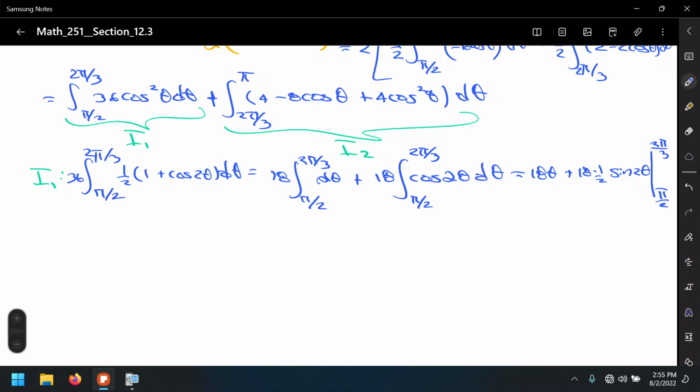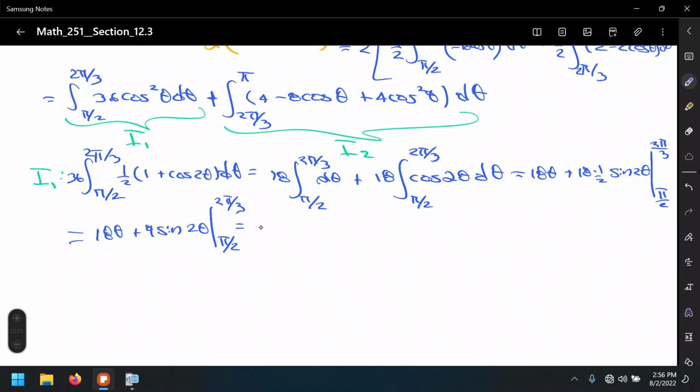Let's reduce the 18 over 2. That's 18 theta plus 9 sine 2 theta from pi over 2 to 2 pi over 3.